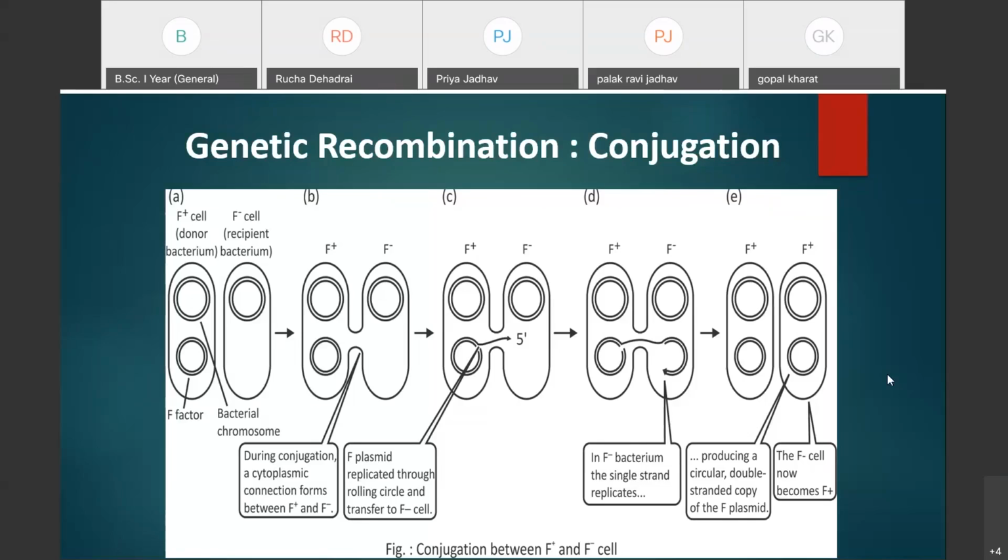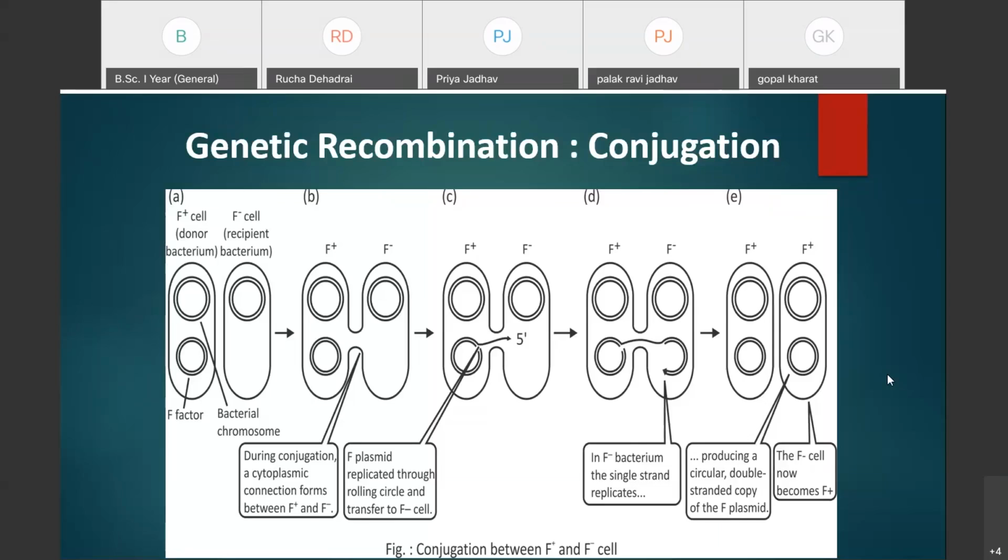Though the fusion of gametes never takes place in bacteria, the interchange of genetic material, or the transfer of genetic material from one bacterial cell to another, takes place. That's why, instead of referring to it as sexual reproduction, it is referred to as genetic recombination.